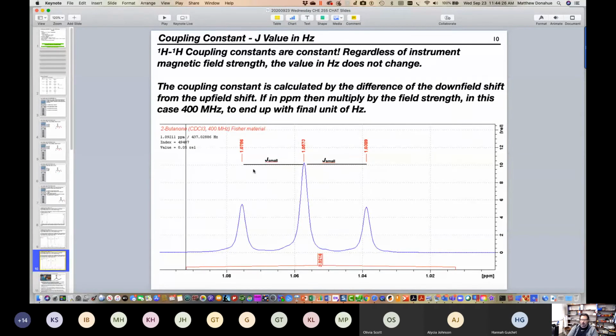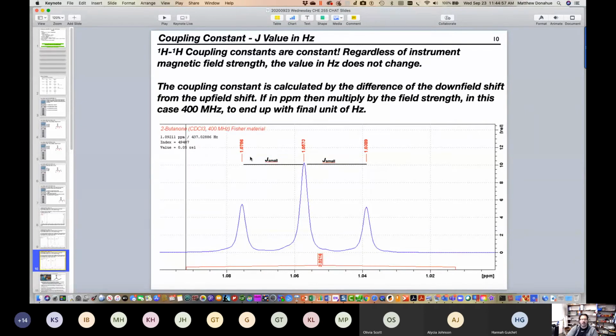What is happening is that each hydrogen is essentially like a spin, like a top. It's either spinning up or down. And that's what the neighbors see that gives rise to these multiplicities. So the actual distance called J is the coupling constant and the unit is Hertz. A coupling constant is constant no matter what instrument field strength you use.